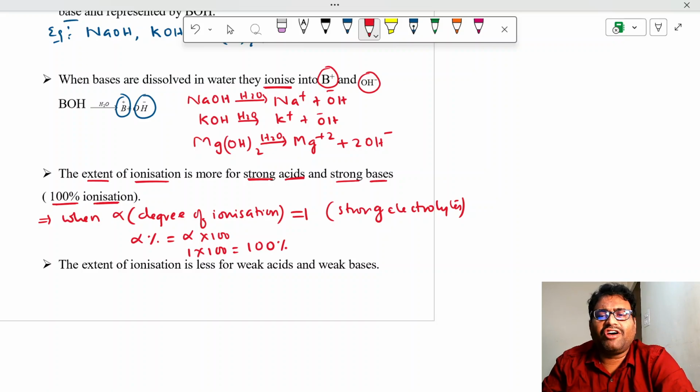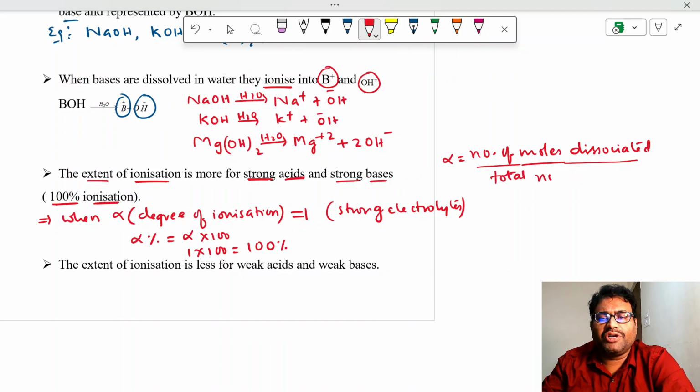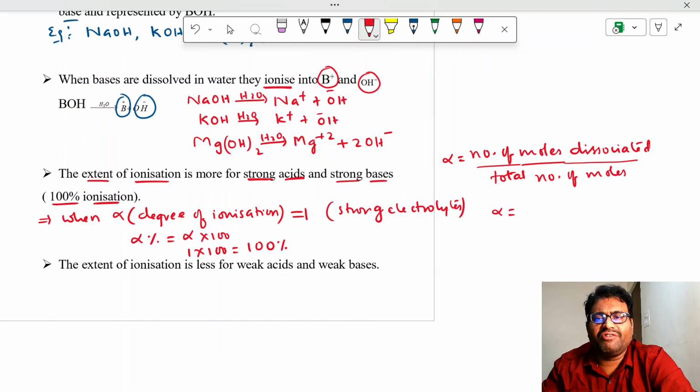So what is the formula of alpha? Alpha is the number of moles of electrolyte ionized or dissociated divided by the total number of moles taken. So for example, if 2 moles are dissolved in water, and all the 2 moles are dissociated, then what will be alpha?